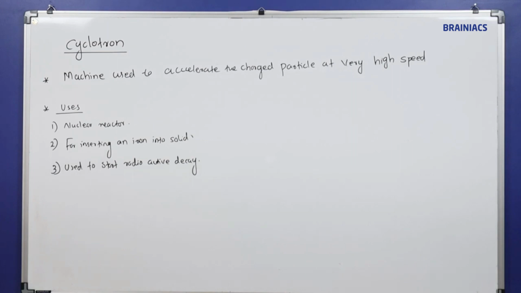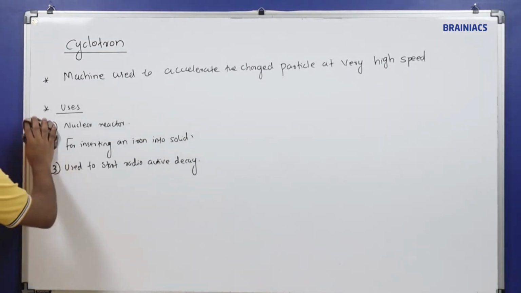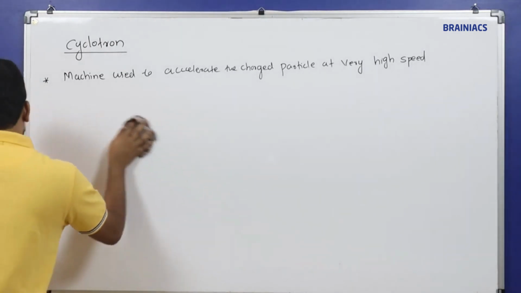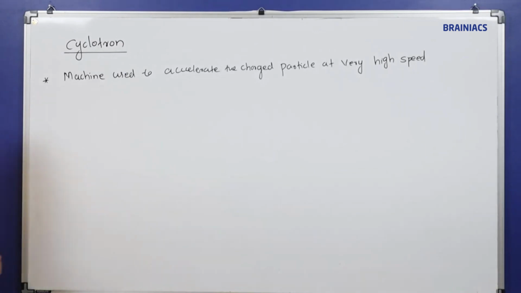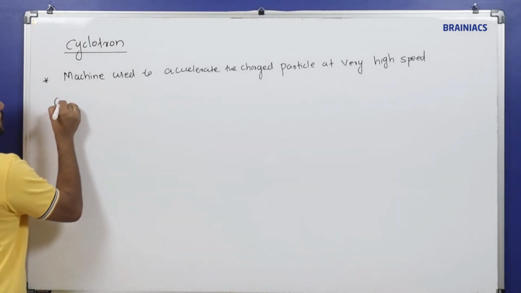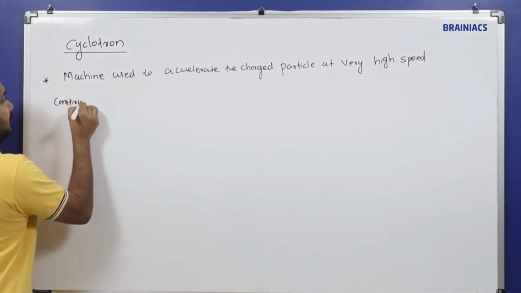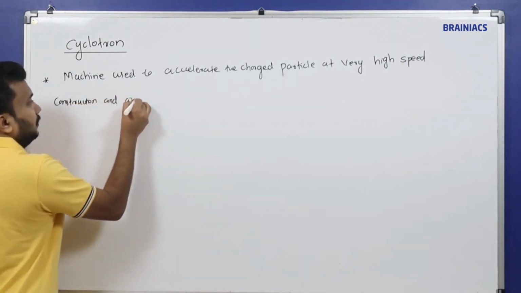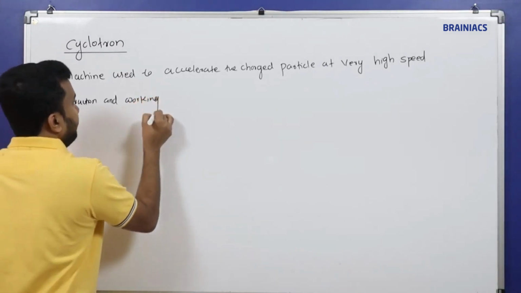These are the uses of this device. Next we are going to see the construction of the device, how it is made up. So let's have a look. Construction and working, this is important to know.